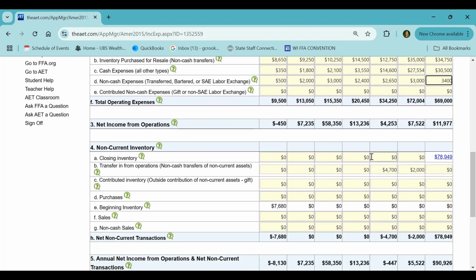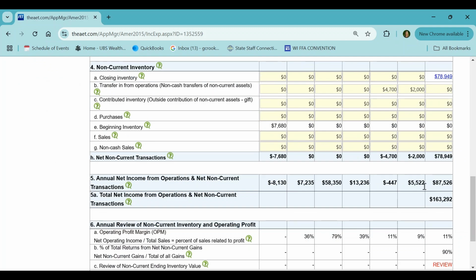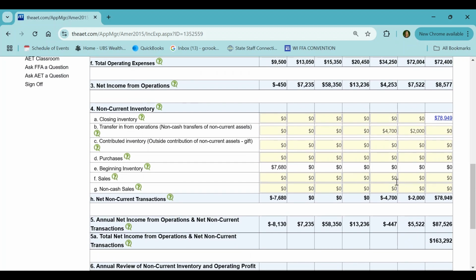All right, so then down here, if you look, we have 49,650. 2B and 2D do not equal that. And if you go down here, you can see no, and it's off $11,500. So in 4B, this is where those animals were transferred in, and that was the value that they transferred in for.